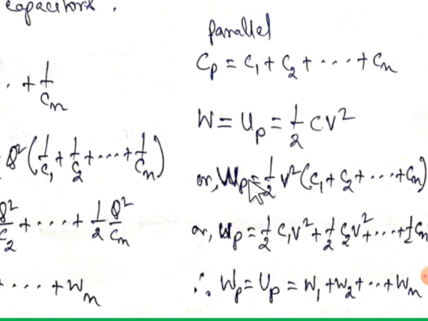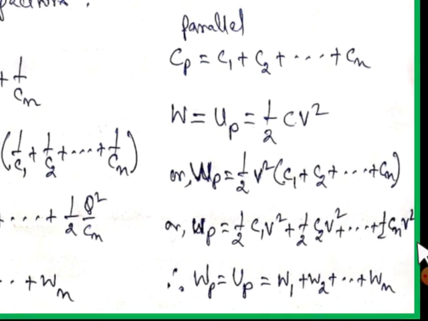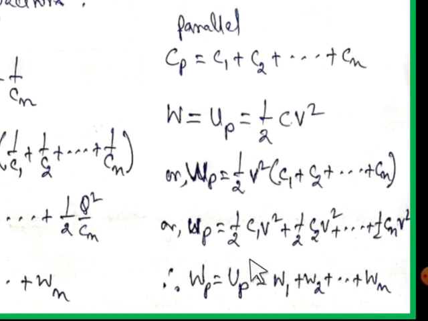So your total work done will be half V squared times, instead of the equivalent capacitance, C1 plus C2 plus C3 and so on. If you open the bracket, this will be the potential energy stored in the individual capacitors: first capacitor, second capacitor, so on up to the nth capacitor. So these are nothing but the potential energies.